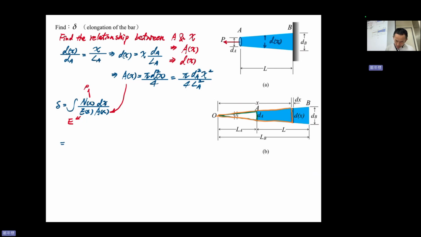So now P, E and pi dA squared x squared over 4LA squared, and dx.